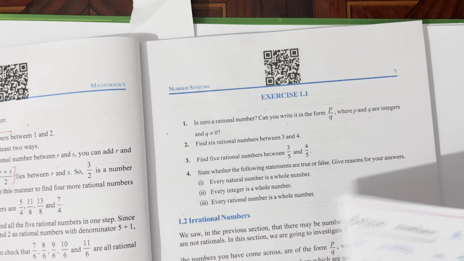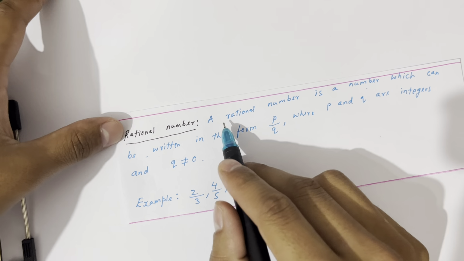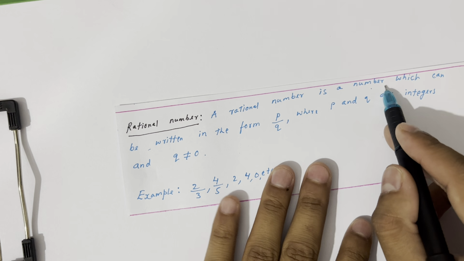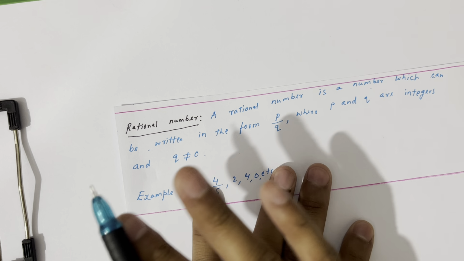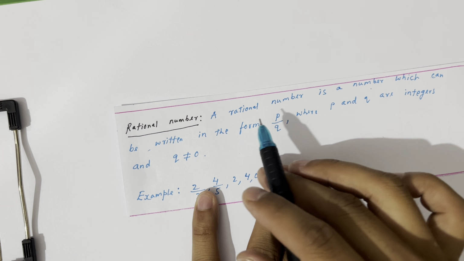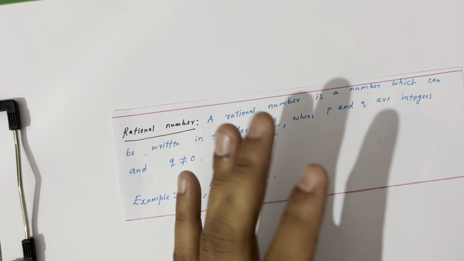This is the definition I already told you: a rational number is a number which can be written or expressed in the form p by q, where p and q are integers.